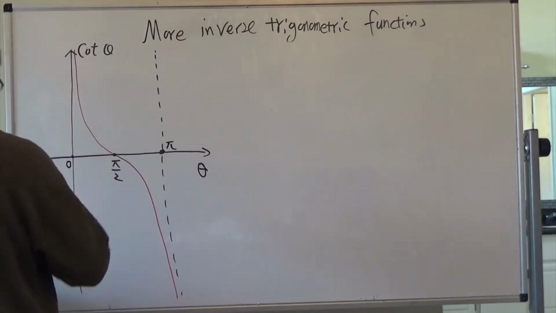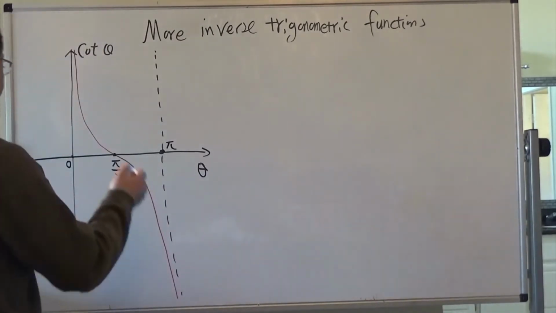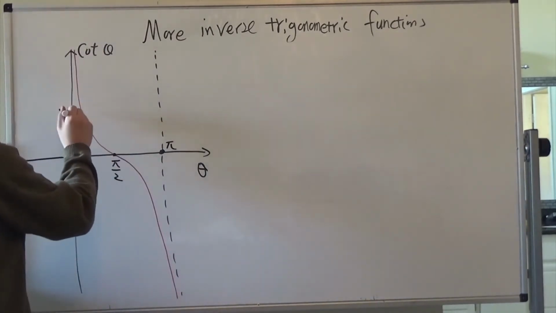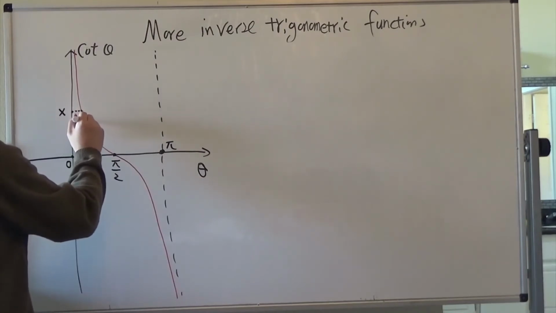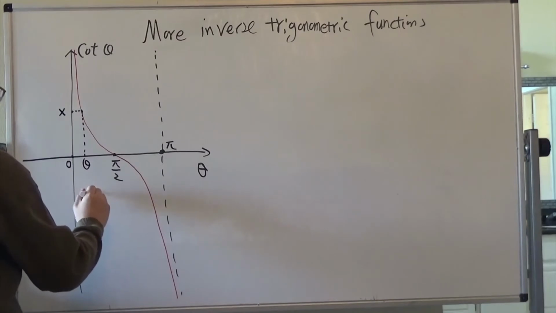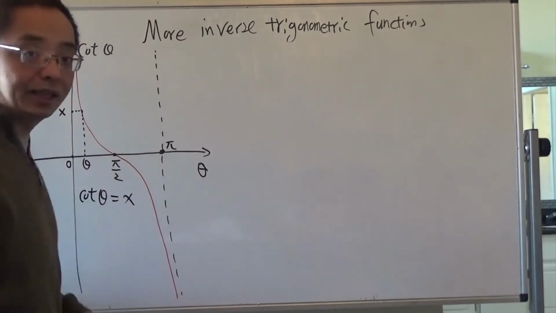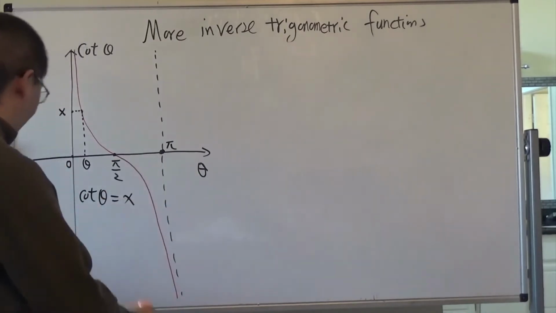Therefore, like what we did for the other functions, we can define the inverse function. Say I pick a value x, and then I find the corresponding angle theta such that cotangent theta equals x, and this theta is defined to be the inverse value of cotangent.